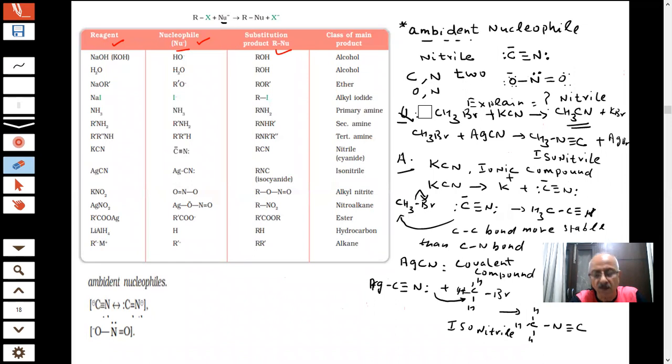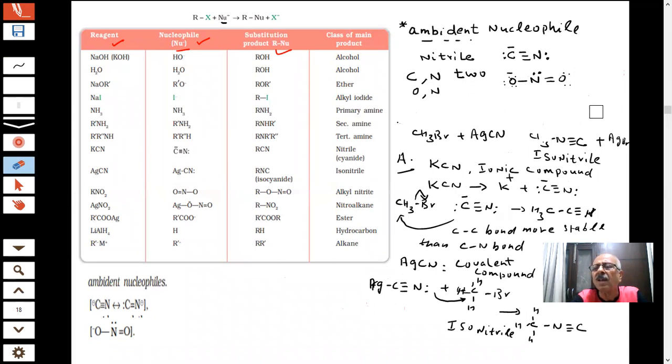So we have been able to answer this question in the exam. This question has been asked many times. Such questions are important and will be asked in the papers. Ambident nucleophile is very important. There is till now no paper where they are not asking.